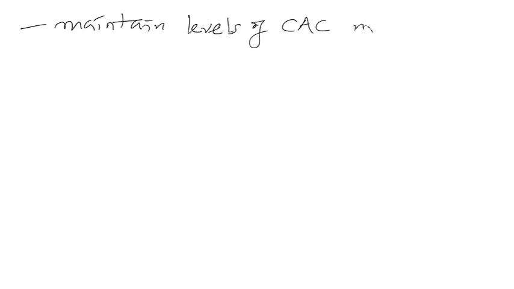Also, gluconeogenesis aims to maintain levels of citric acid cycle intermediates. These are intermediates in the Krebs cycle.